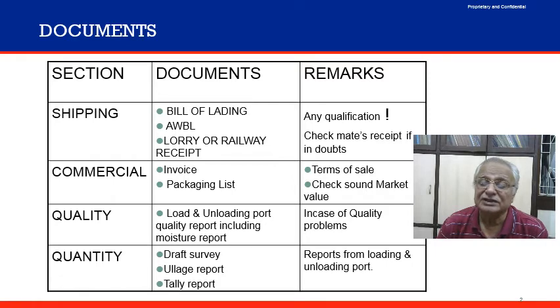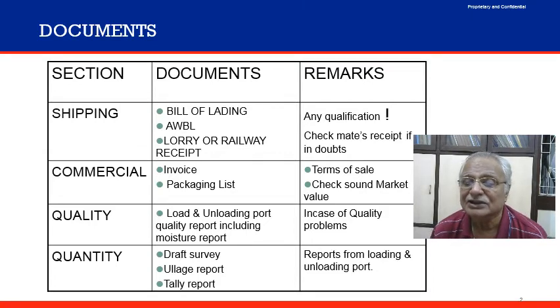The invoice will tell you the Incoterm, of course the exchange rate, the unit price and total prices, etc. Any discount if he has given something, or advance payment if he has made it. Everything you will get in the invoice. And then the packing list will tell you that there may be a number of different items with different descriptions and pattern numbers.